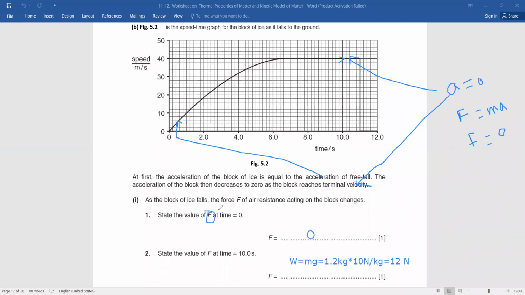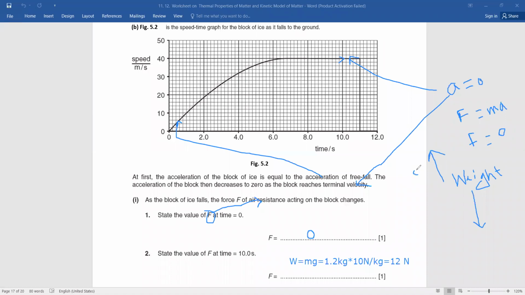Look. Okay, so if resultant force is 0, that means your weight and air resistance are equal, right? Please take these notes. You also know this: weight is working downwards, right? Yes, sir. And air resistance is working upwards.